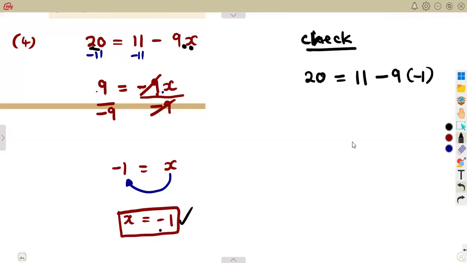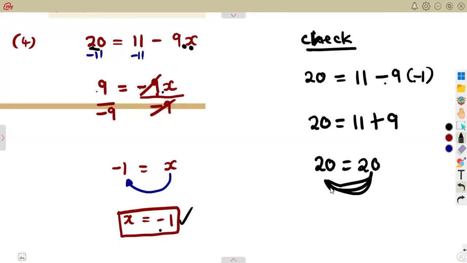Remember, our x is -1. So 20 is equal to 11 minus times minus, that's a plus. So you remain with the +9 there. 20 is equal to 11 plus 9, which is a 20. So as you can see, these two sides are the same. So that is to mean our x value is correct.